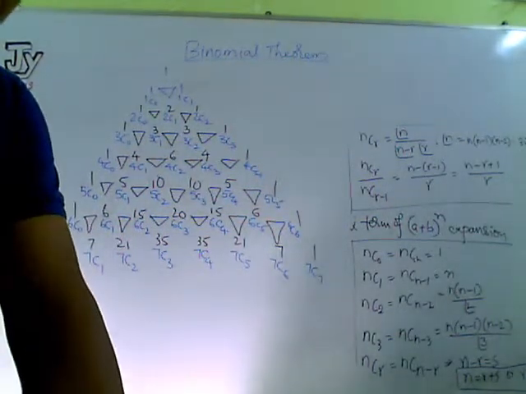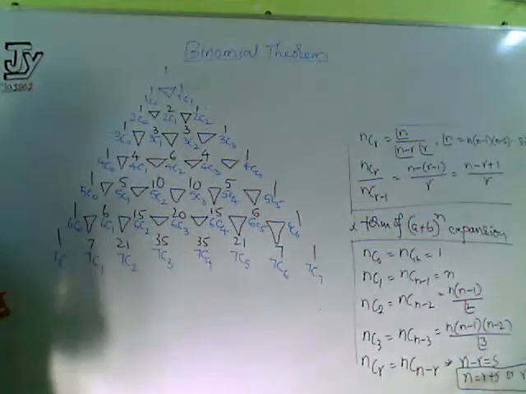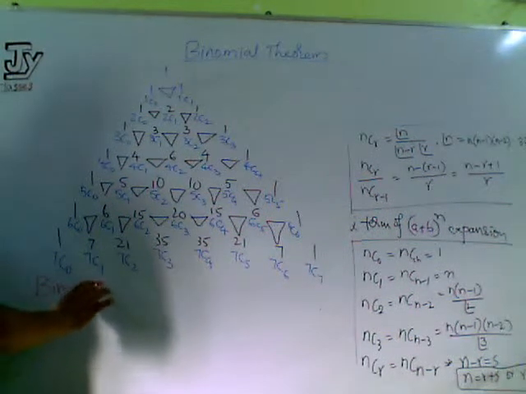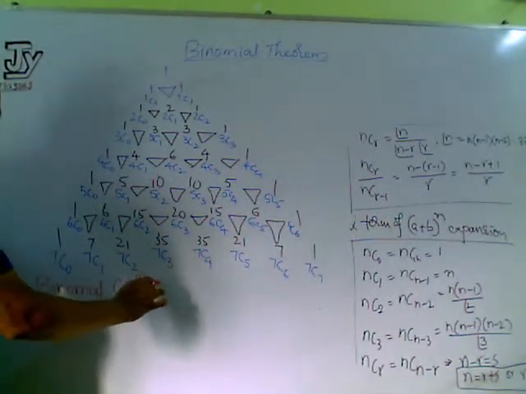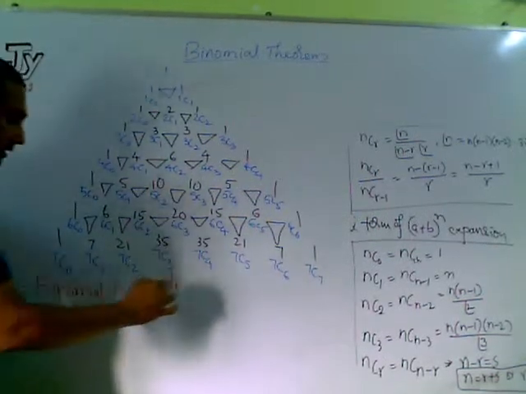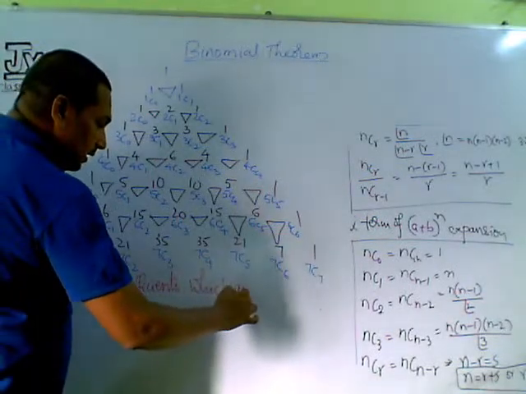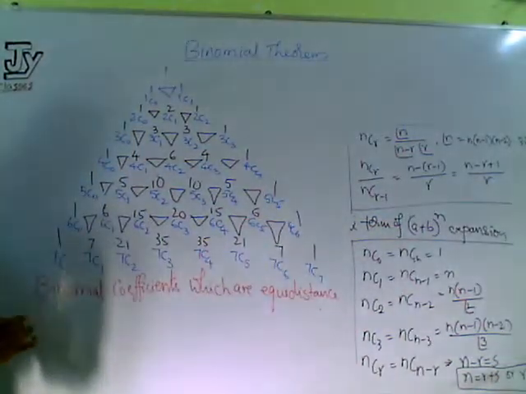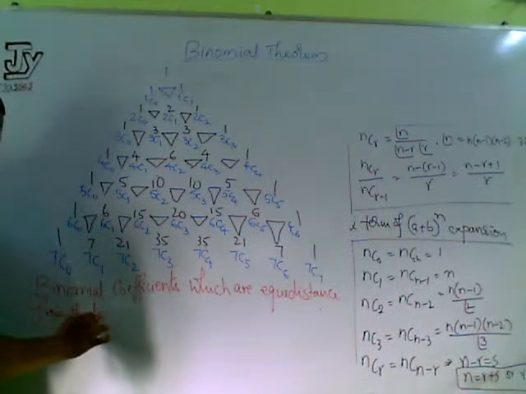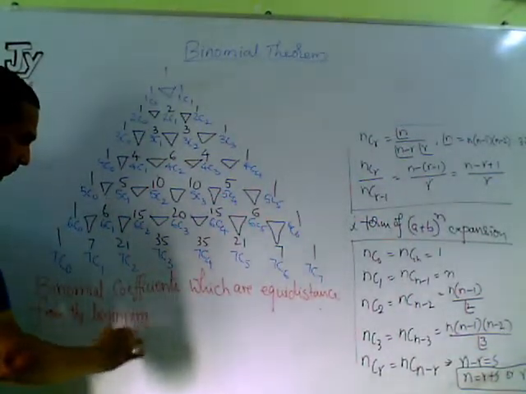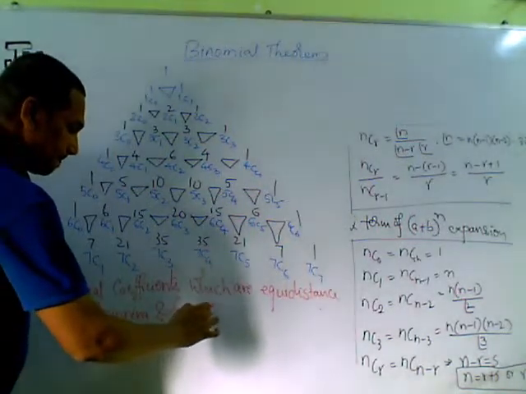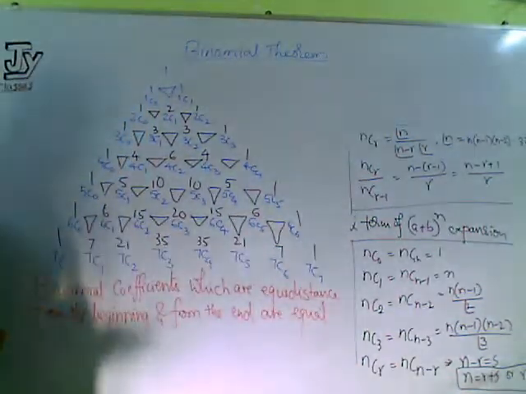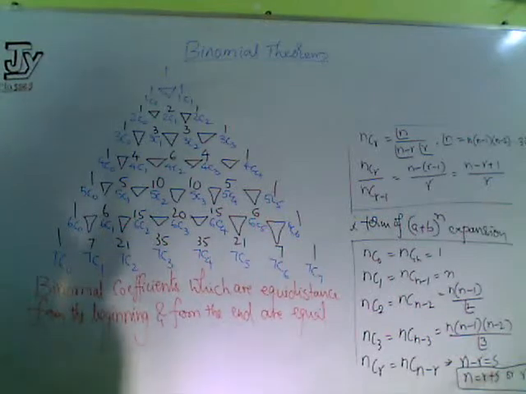In these Pascal triangles, the observation I am writing here is: binomial coefficients which are equidistant from the beginning and from the end are equal.